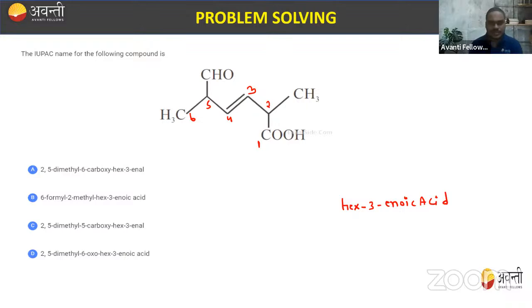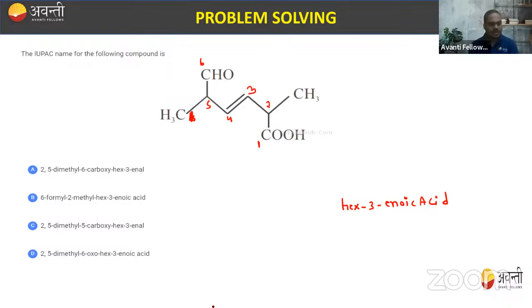Now name the substituents. So at 2 we have a methyl group, and at 5 also. Better we name as 5 and 6, right? So in 5 we have methyl group, and at 6 we have aldehyde group, which we name as oxo.